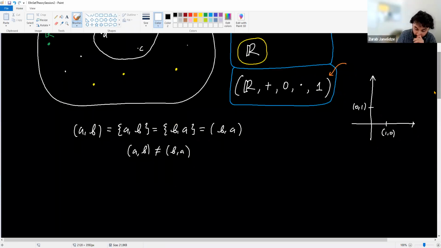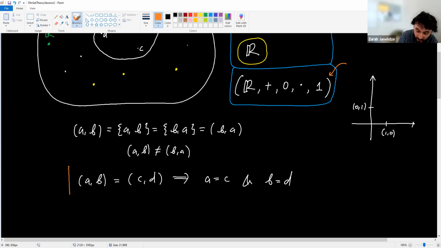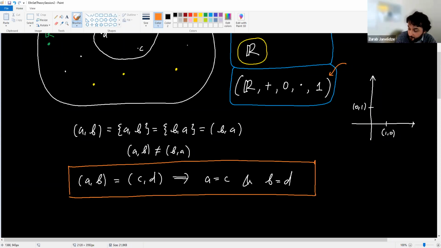This is something we don't want to be true, but there are other things we want to be true. For example, we want that if two pairs are the same object, then we want their coordinates to be the same as well. So basically the question is how to define an ordered pair as a set so that this condition is met.